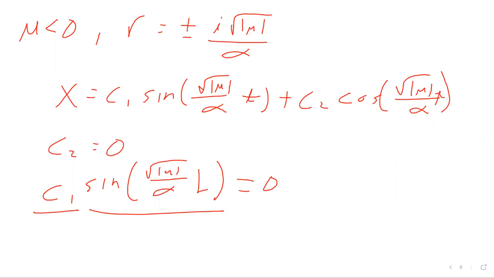So in this case, if mu is negative alpha times n pi over L, squared. We know it's got to be negative, so that's why we throw the negative in there.